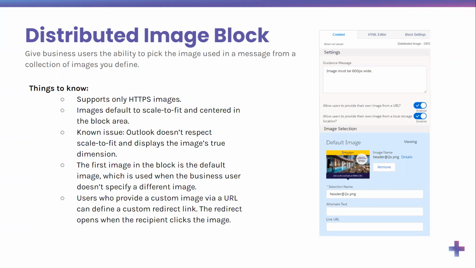Images in this particular image block default to scale to fit, and they're centered in the block area. Known issue here is that Outlook actually doesn't respect that scale to fit and displays the image's true dimensions. The first image in the block is the default image, which is used when the business user doesn't specify an image. And last but not least, users who provide a custom image via a URL can define a custom redirect link.